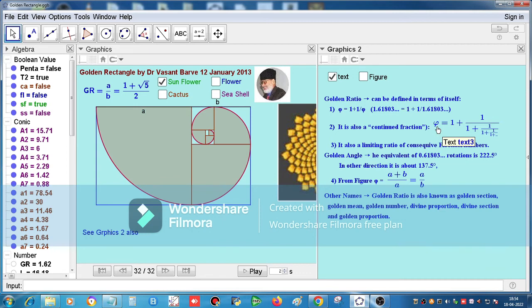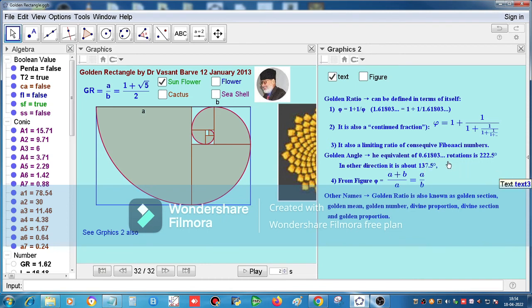Phi is the notation used for the golden ratio, as you have pi for the ratio between the perimeter and the diameter of a circle. It is also a limiting concept. I told you already that in Fibonacci numbers, as you move ahead, the ratio slowly tends to the golden ratio. It is about 1.618, or the other way around, about 0.618.